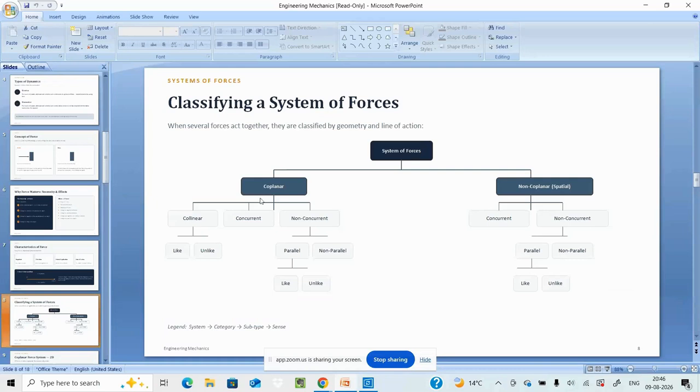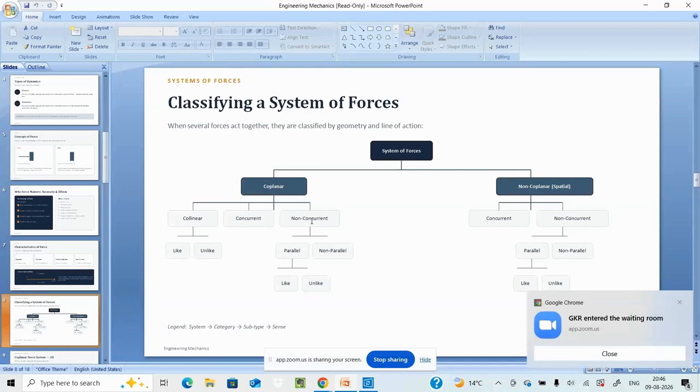So system of forces is divided into two things: coplanar forces and non-coplanar forces. The coplanar is again divided into three more: collinear, concurrent, and non-concurrent. This collinear is again divided into like and unlike. Similarly, this non-concurrent is again divided into parallel and non-parallel. Again, this parallel is divided into like and unlike.